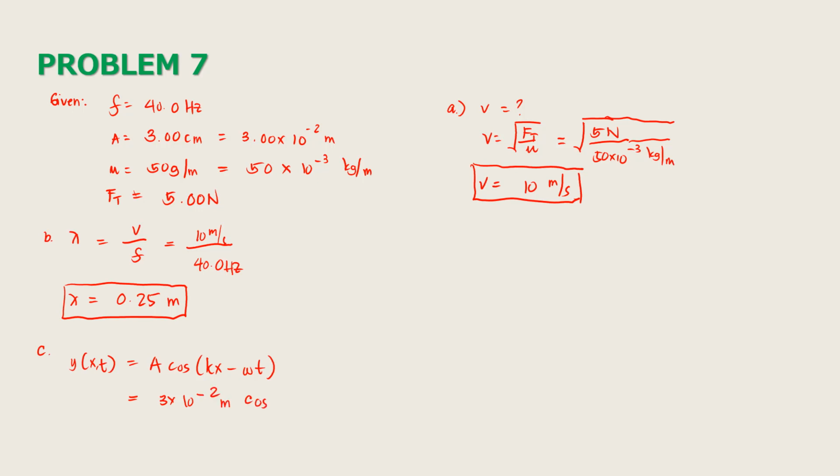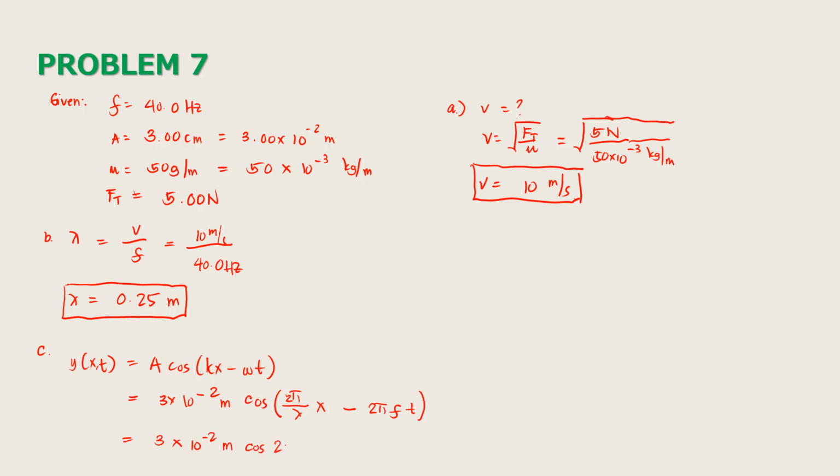We have cosine. Our k is not given, but we can obtain it from this equation, 2 pi over lambda times x. Omega is also not given, but we can write it as 2 pi f times t. So we can write it as 3 times 10 to the minus 2 meter cosine.